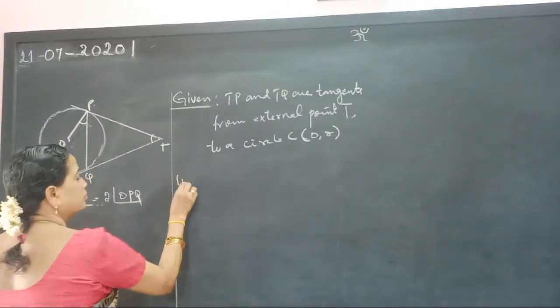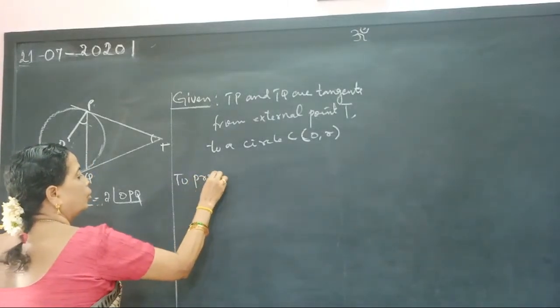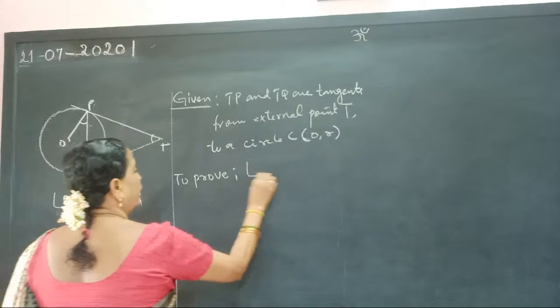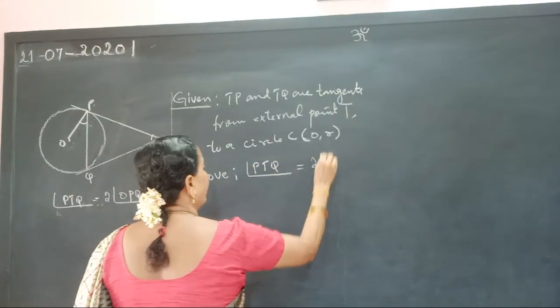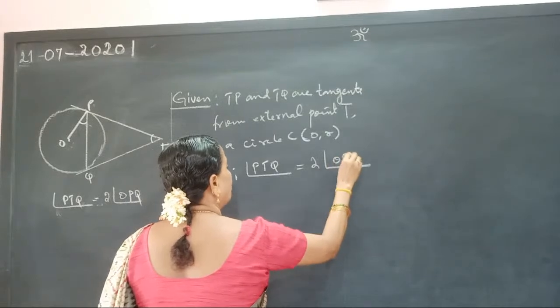To prove: angle PTQ equals 2 times angle OPQ.